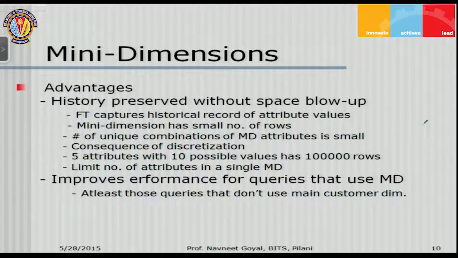It improves performance for queries that use the mini dimension, at least those queries that don't use the main customer dimension, because the mini dimension is small, like the name itself suggests. So if you are constraining the mini dimension, your query performance would improve compared to when all these attributes were in the main dimension and you were constraining the main dimension.